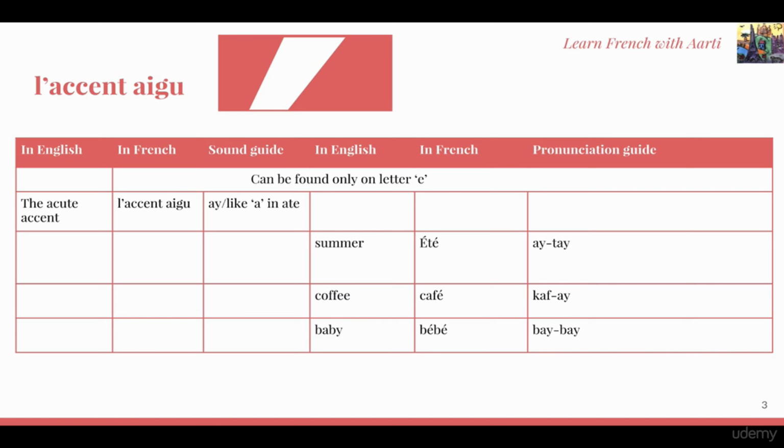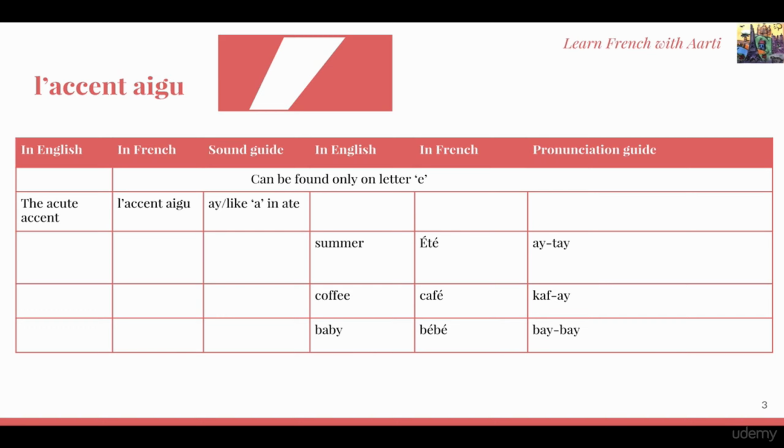It changes the sound of letter E. Normally, E is sounded as E, but with this accent, it is sounded like A in "late", represented as AY in this lesson. This is the easiest of the signs and is used the most often.